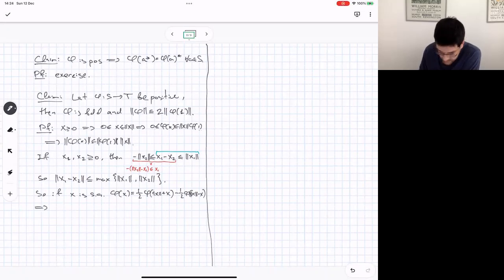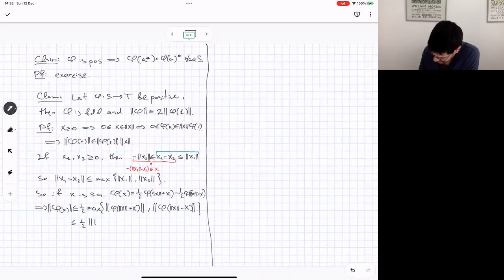And we get from what I wrote above that the norm of phi of x is less than or equal to half times the maximum of the norm of phi of (norm of x plus x) and phi of (norm of x minus x), which will be less than or equal to half of the norms of x plus minus x times phi of 1, which is less than or equal to the norm of x times phi of 1. Right, so for self-adjoint elements, we have what we want without the 2.